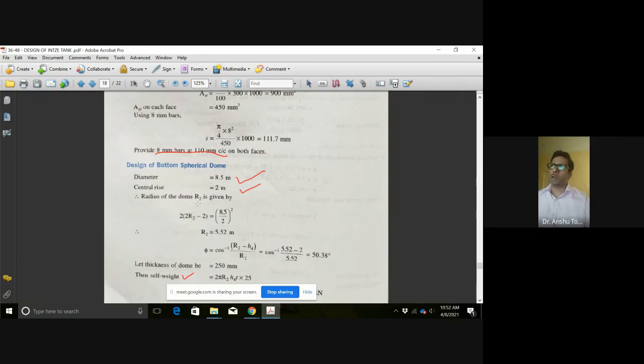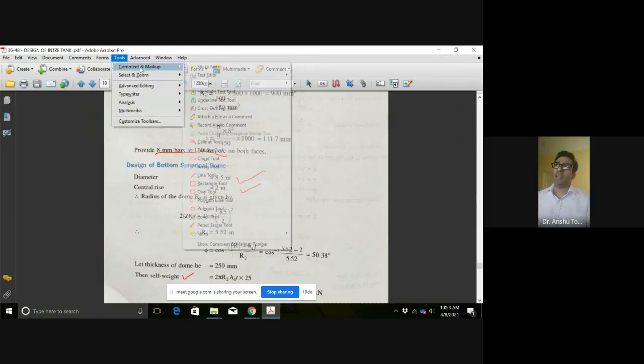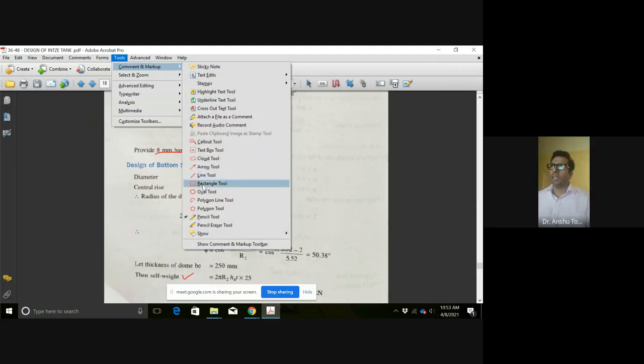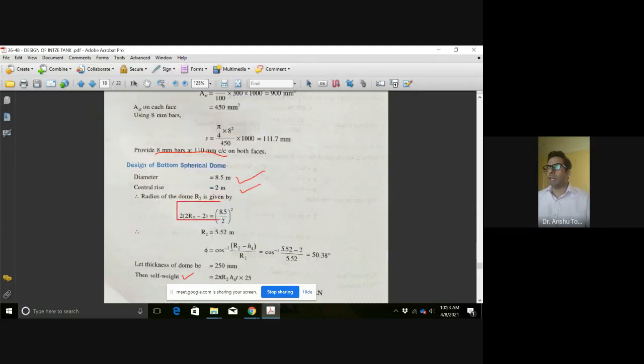This radius of dome R2 is given by, this is the radius subtended at the center of the dome, and it is similarly found out as we have done earlier also, putting the values of the diameter here, and this is the unknown value R2, which is the radius.